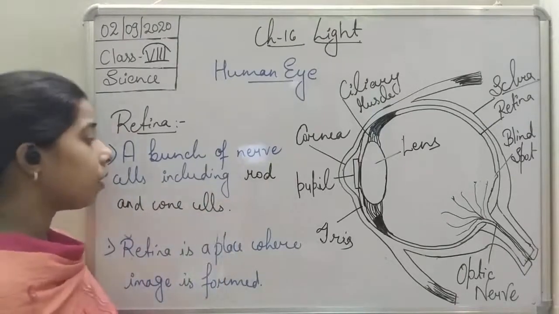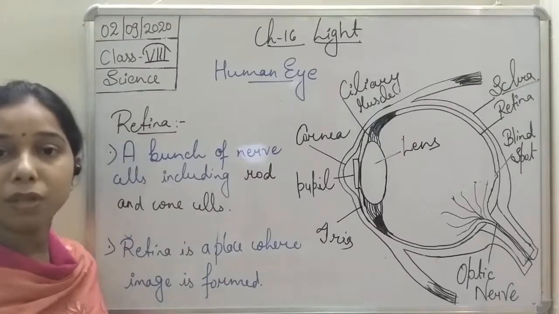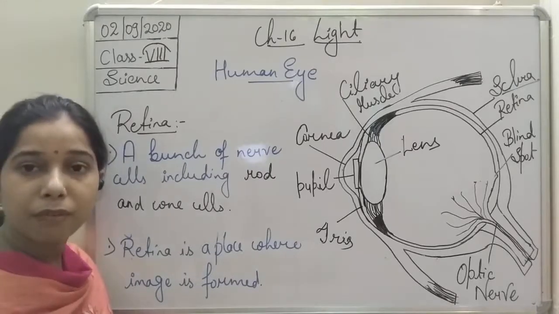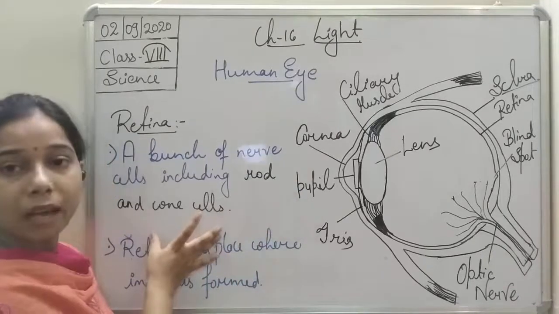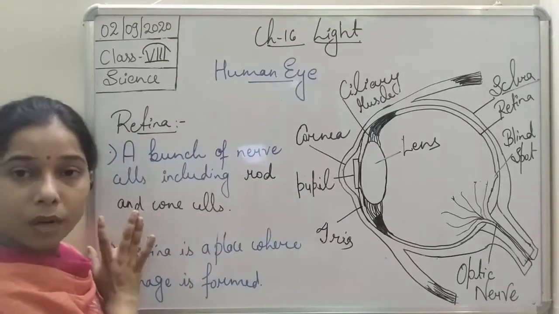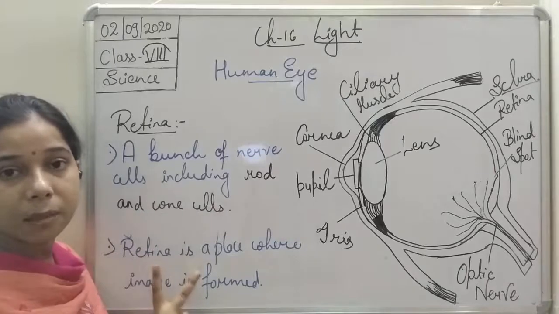So a bunch of nerve cells are there in the retina, which include two different types of cells, students, the rod cells and the cone cells.